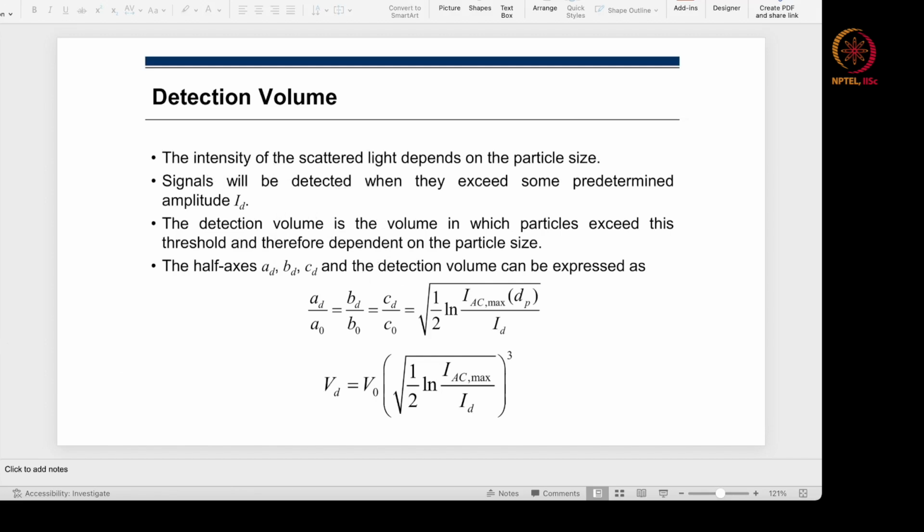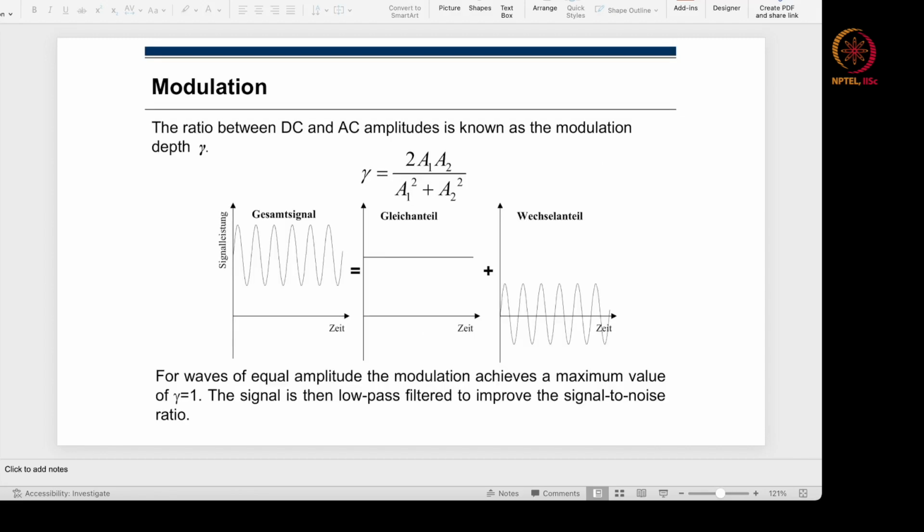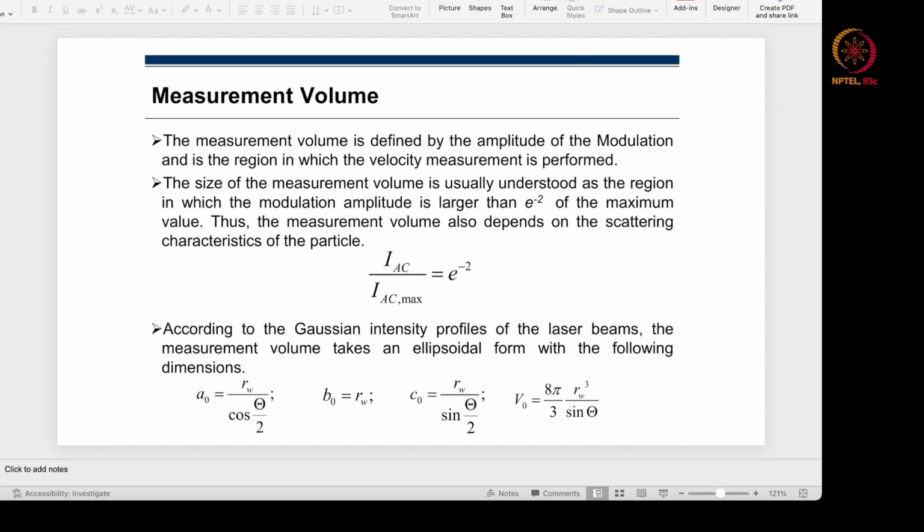So what we have learned is what a DC component is and what an AC component is, and how the detection volume is different from the measurement volume. And we have also seen how you can use filters basically to throw out the high frequency electronic noise versus the low frequency shape profile, the pedestal function.